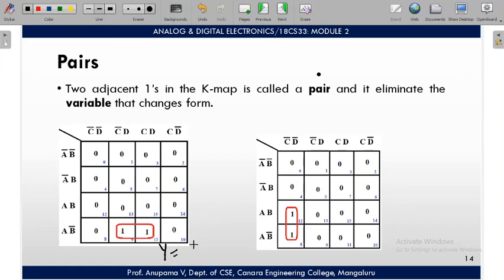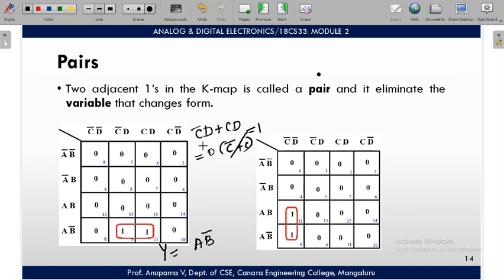So, write A B complement, then go column wise and see the variables. In the column, the terms are C bar D and C D. D is common and I can remove D as a common term. So C bar D plus C D, here D is common, I can write C bar plus C, which gets eliminated.